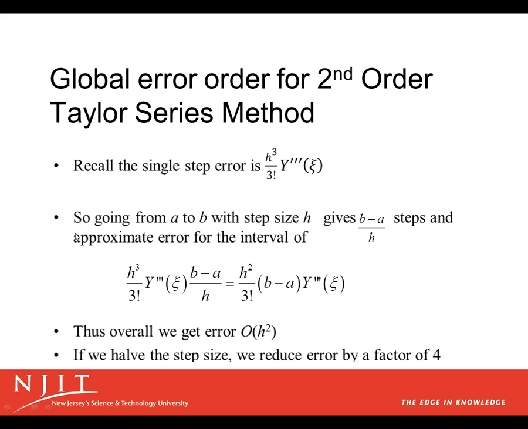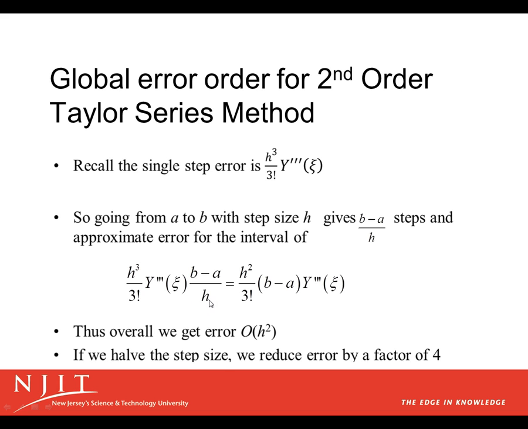Once again, as we did in the Euler method podcast, going from a to b with step size h gives b minus a over h steps, and the approximate error for the interval from a to b is going to be the error in one step, h cubed over 3 factorial y triple prime, times the number of steps, b minus a over h. That gives us a rough estimate.